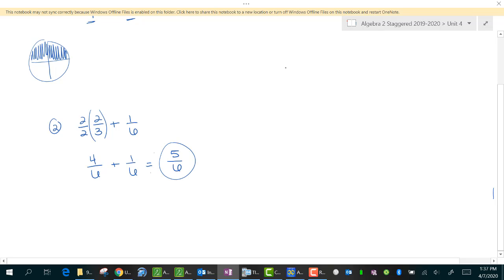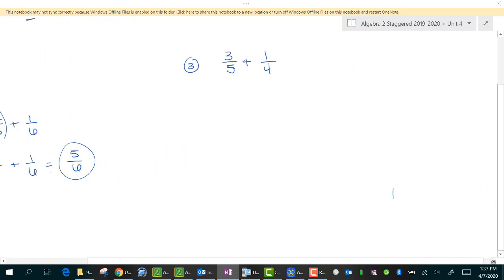Let's do another one. So let's do 3/5 plus 1/4. Again, I want to try and make those denominators the same by doing as little work as possible. Unfortunately, 5 and 4 do not have any common multiples. When I say common multiples, I could list them out.